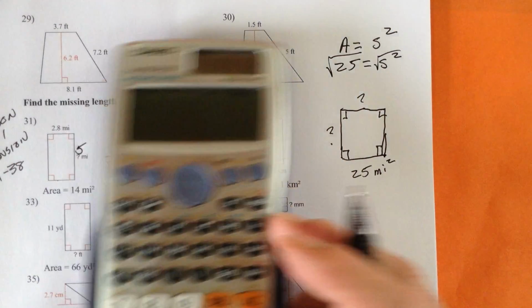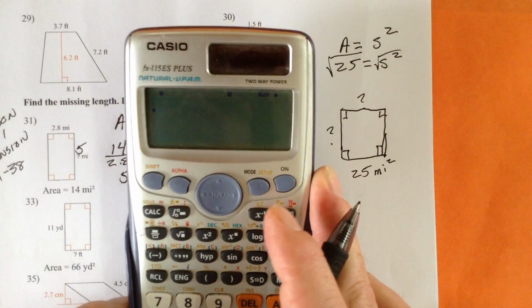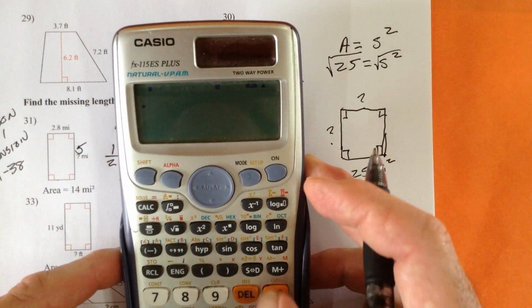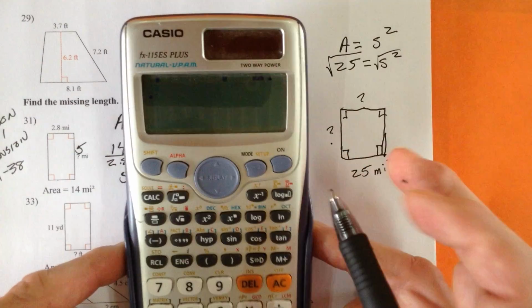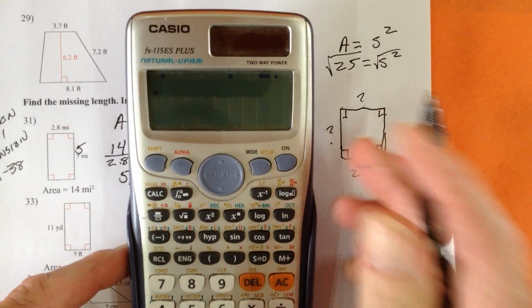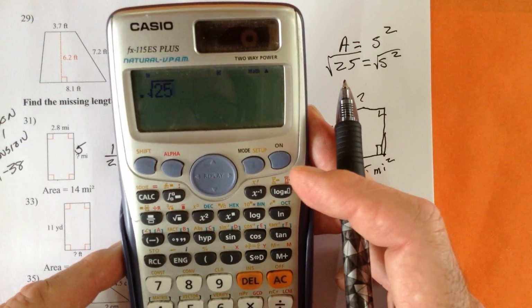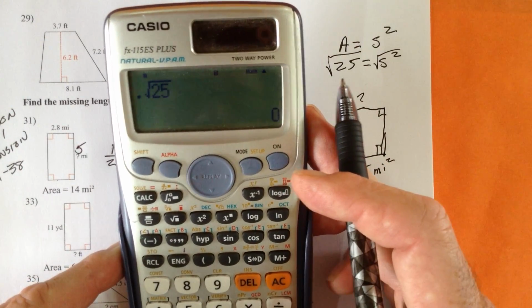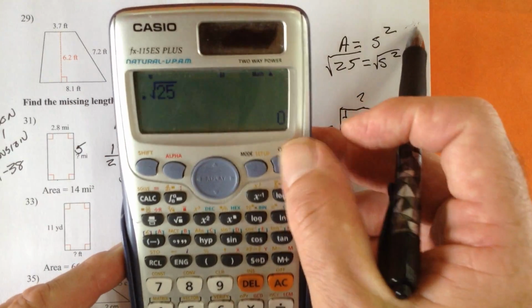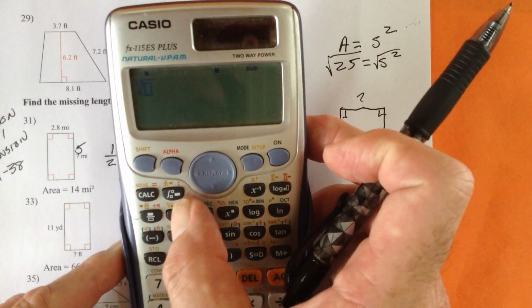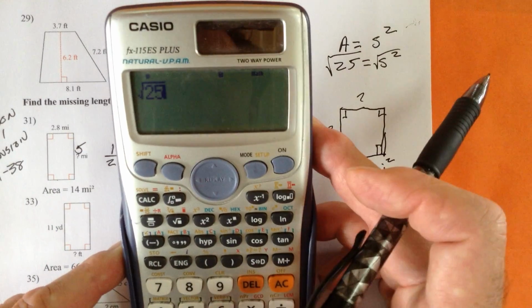And on the calculators, again, hopefully you can see this on the video, you have this button, the square root button. And if I put in here the square root of 25, I hit equals, whoops, I got to clear it first. I got the square root of 25.